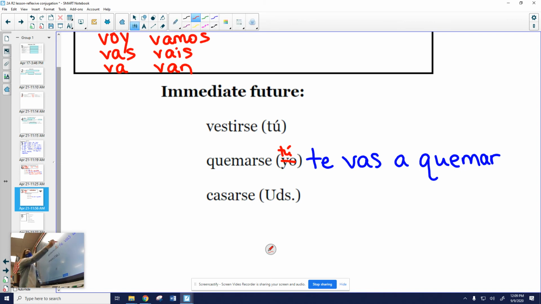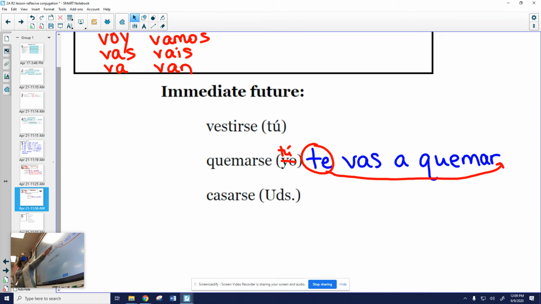Or we can move the te to the end of the infinitive and tack it on right there. If we tack a reflexive pronoun onto the infinitive, we don't need to add a written accent mark. In Spanish, for words that end with the letter R, the natural verbal stress falls on the last syllable.